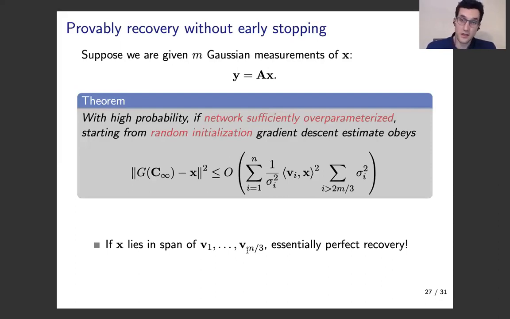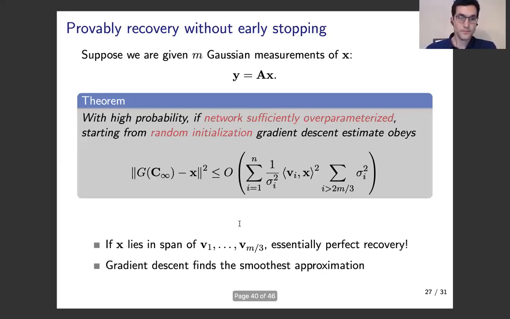And if it doesn't lie in the span, then what happens is we essentially fit the smoothest components of the signal, but we don't really fit the rest. So that's what happens if we do compressive sensing with such a network. All right, so that's why we say gradient descent finds the smoothest approximation. So that's roughly what this theorem here tells us.